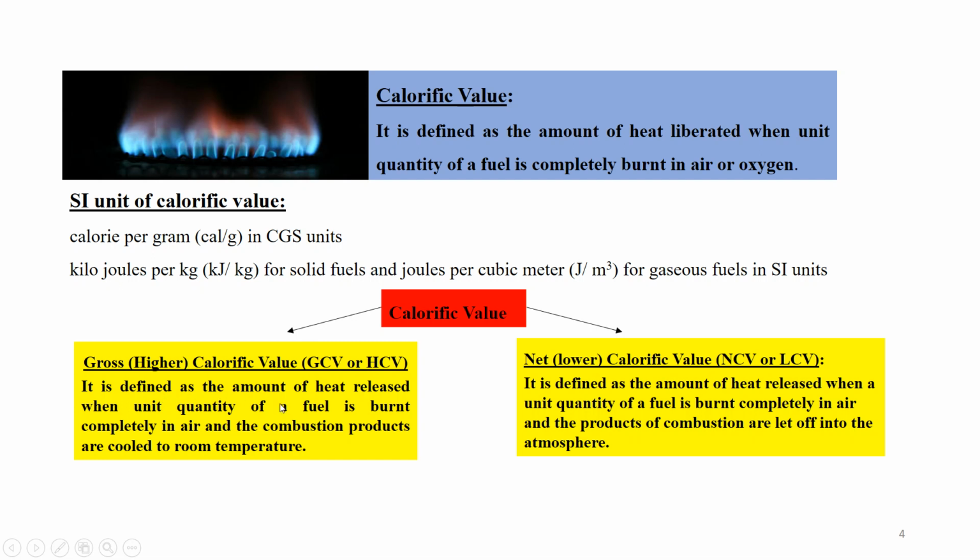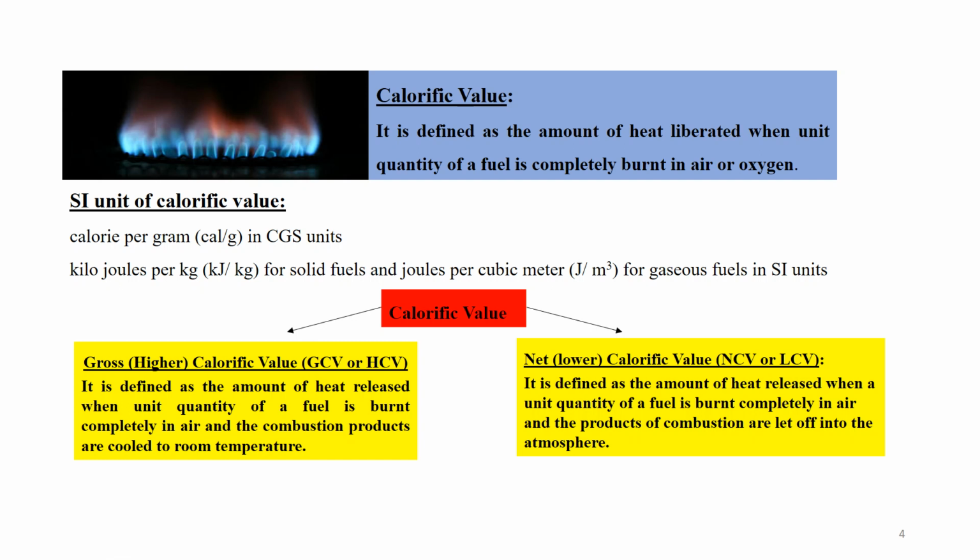Gross calorific value is defined as the amount of heat released when unit quantity of a fuel is burnt completely in air or oxygen. Same definition as for calorific value, and the difference is here the combustion products are cooled to room temperature.